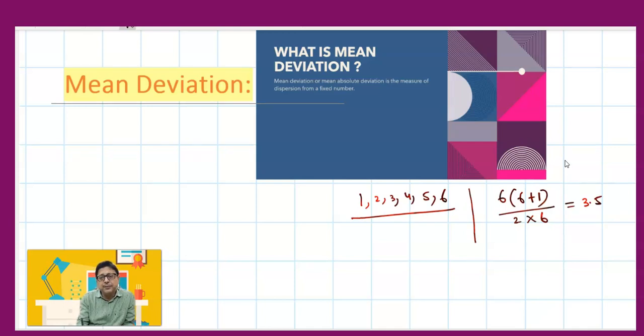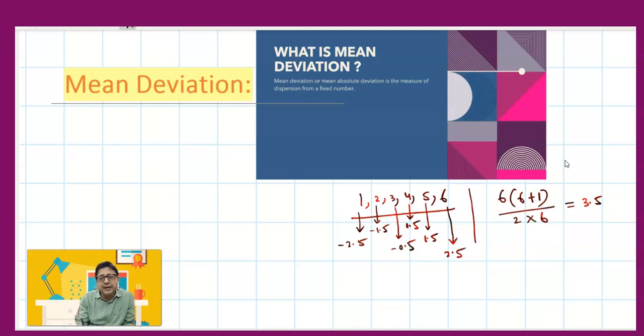Now what is the deviation of 1 from 3.5? You calculate 1 minus 3.5, that is minus 2.5. 2 minus 3.5 is minus 1.5. 3 minus 3.5 is minus 0.5, 4 minus 3.5 is plus 0.5, 5 minus 3.5 is plus 1.5 and 6 minus 3.5 is plus 2.5.